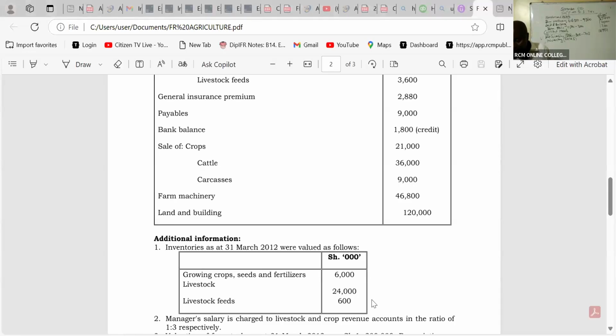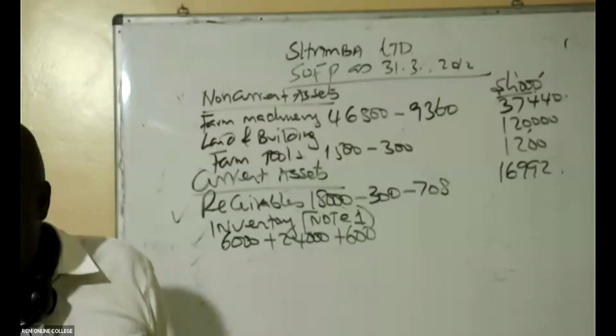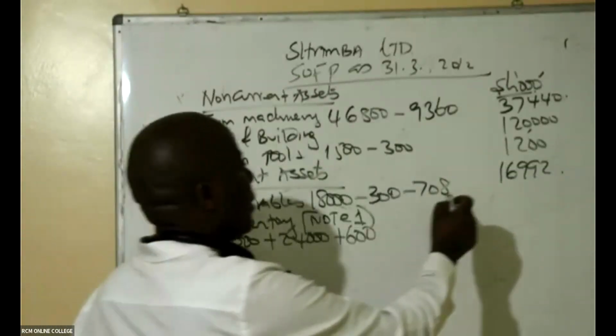You add all of them: 6,000 plus 24,000 plus 600. Can somebody give us this inventory figure? So inventory is 30,600.